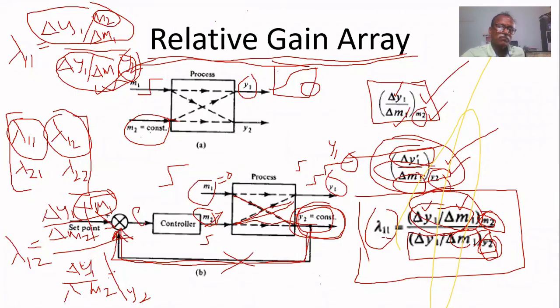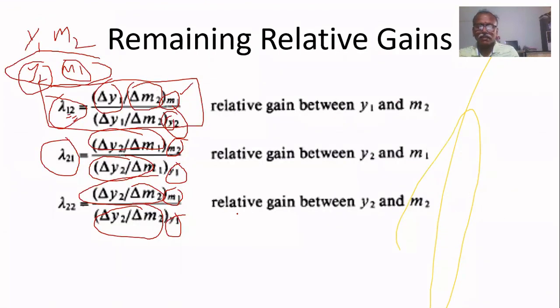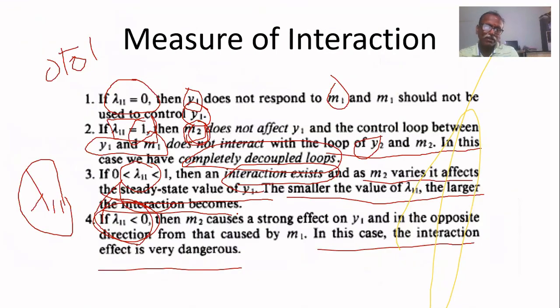Once again, for the numerator both are open loop, so you can easily get it. For the denominator, change in y1 with respect to change in m2, keeping y2 constant, you have to give a step change here and notice. But one thing we know is that these experiments need not be conducted.